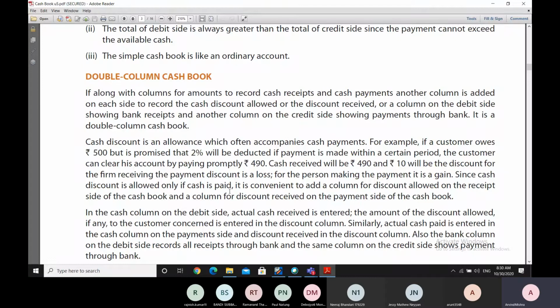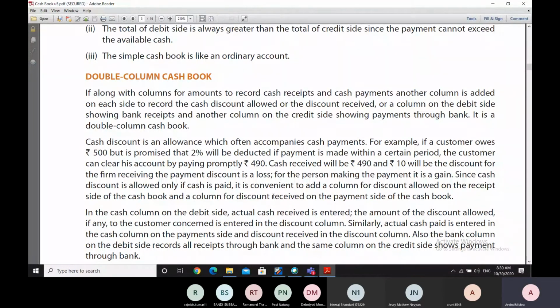and it becomes very convenient if we make a column for the discount received on the payment side of the cash book, because when we are making a payment and we are receiving a discount, the receipt side is the debit side, and the payment side is the right side of the cash book.